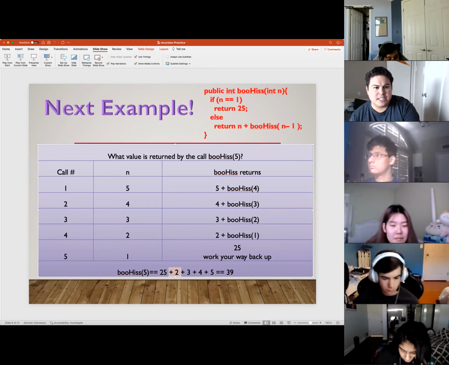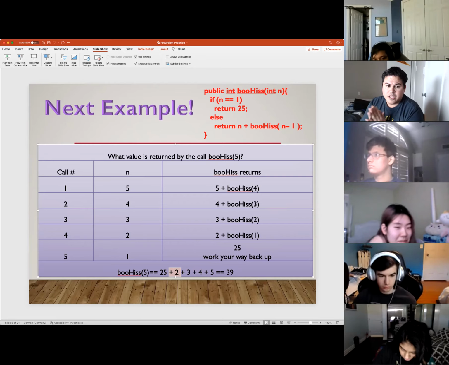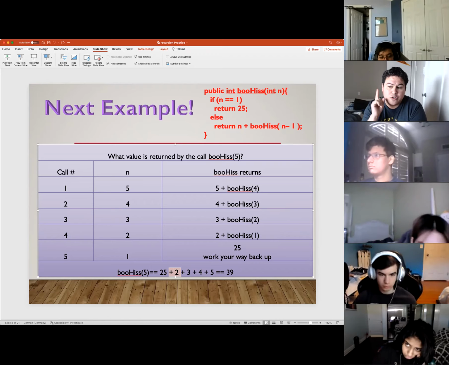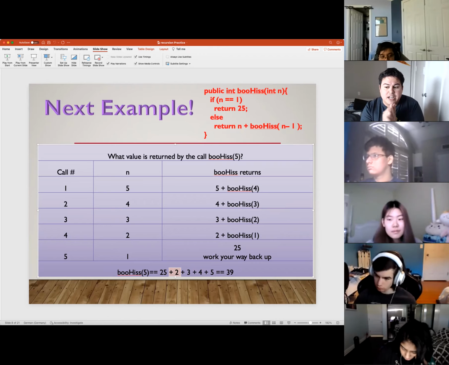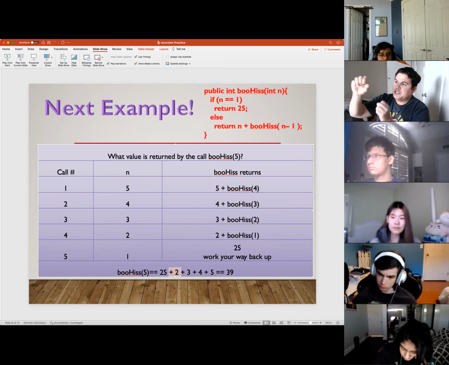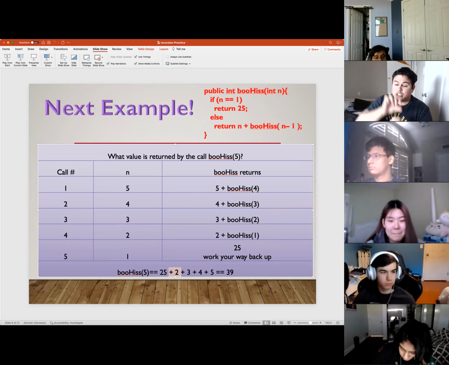Now in this instance, we return 25. You don't always have to return 1. I can return whatever number, but basically don't look at it as a return. 5 plus, 4 plus, these sections of the equation have been stored.